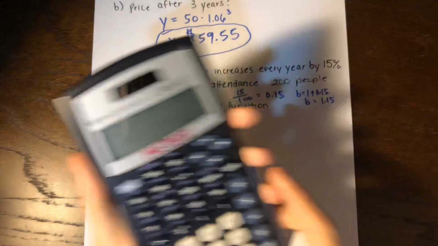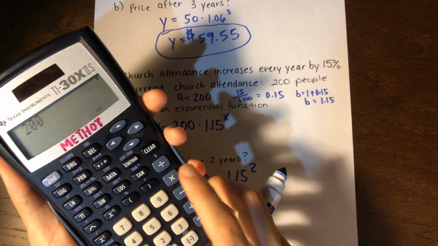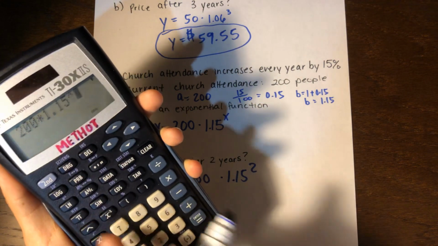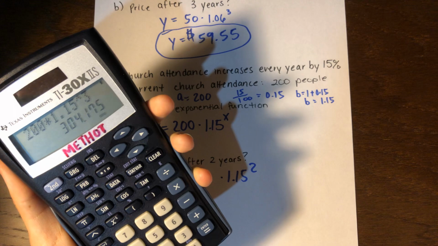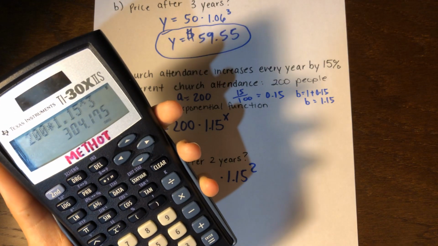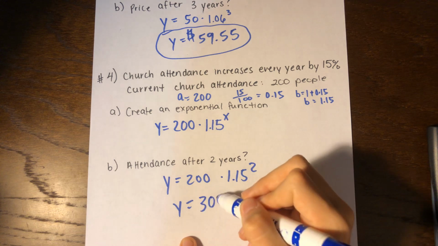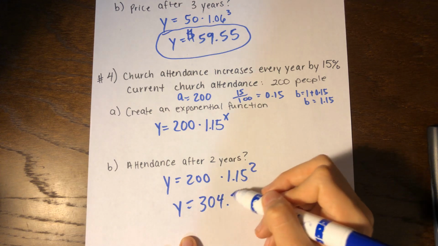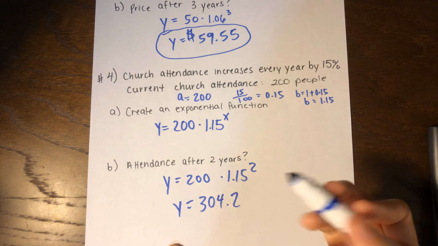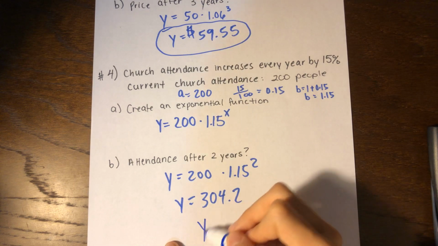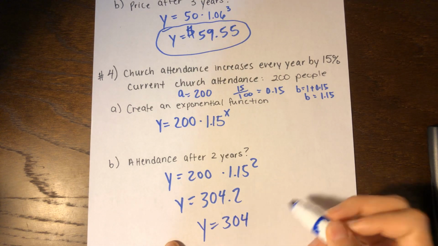So 200 times 1.15 to the third power, I get 304.17, which rounds to about 304 people.